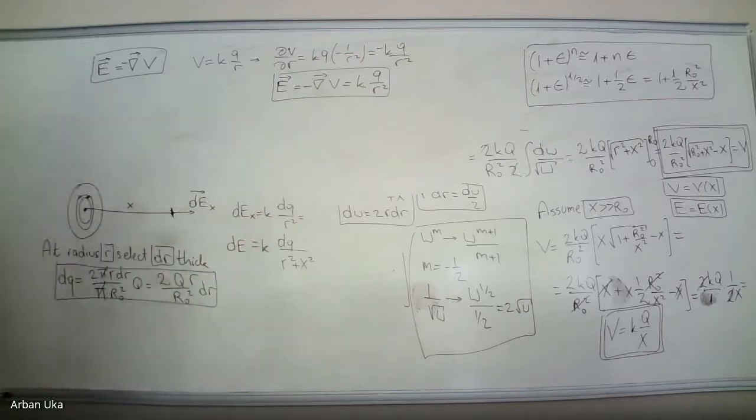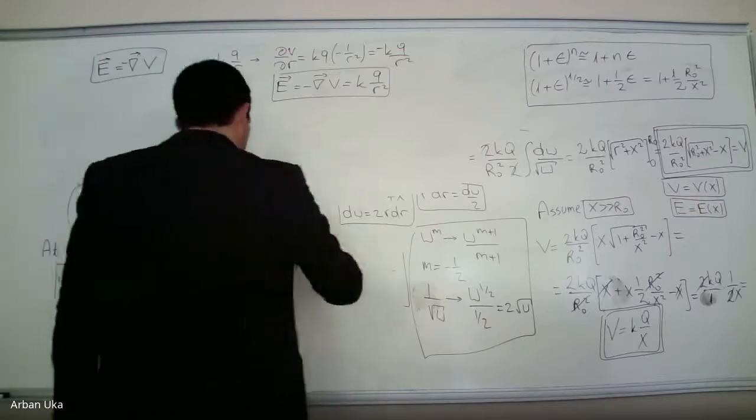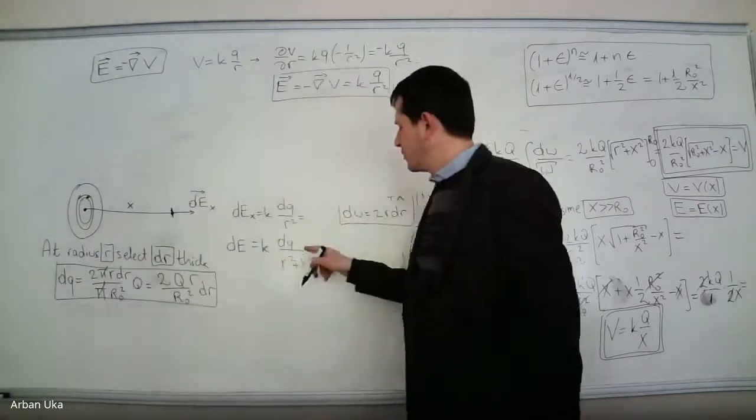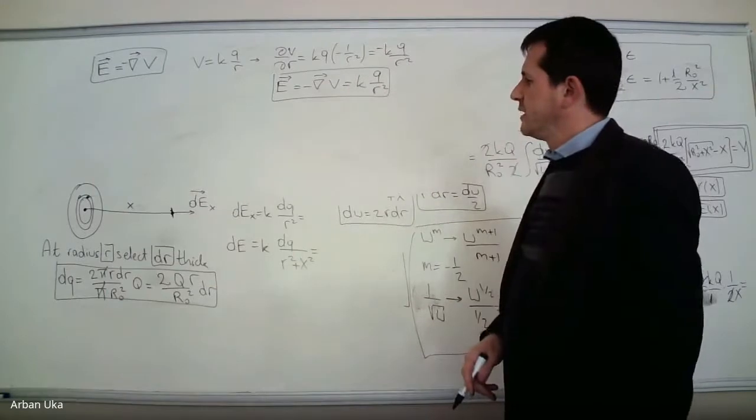Do we need to do anything else? We can try to simplify this a little further. Maybe not. So dq is given, so let's substitute this dq into this expression.